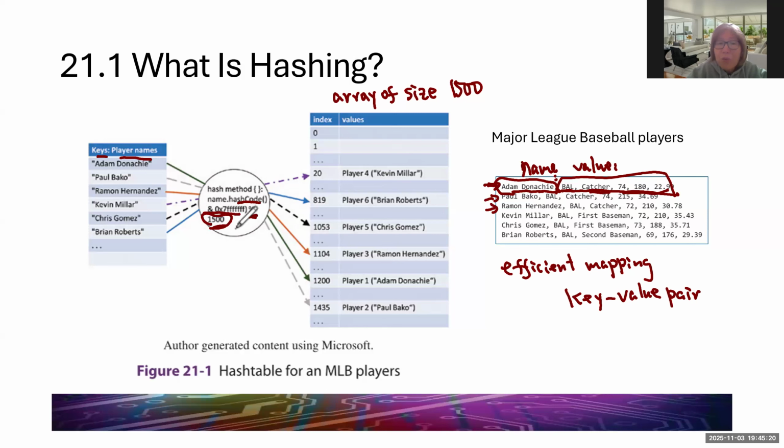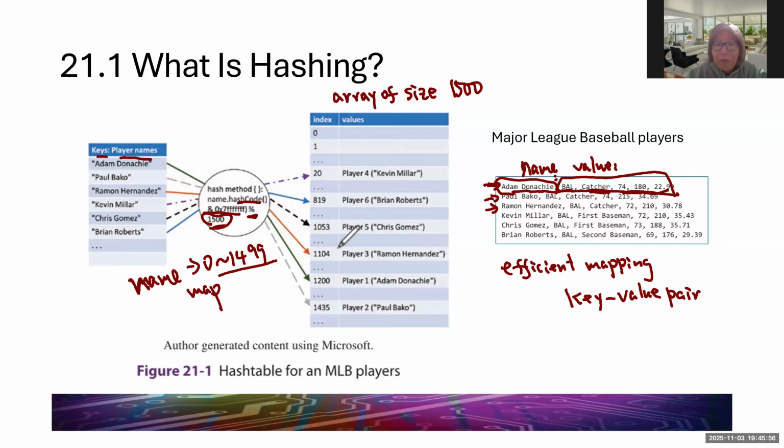If we do modulo 1500, the value will be between 0 and 1499. So the name will be mapped to a value between 0 and 1499, and because of this, you can store the respective information.